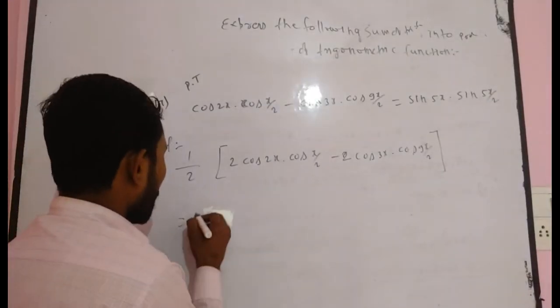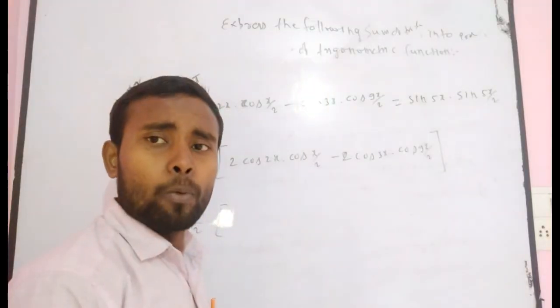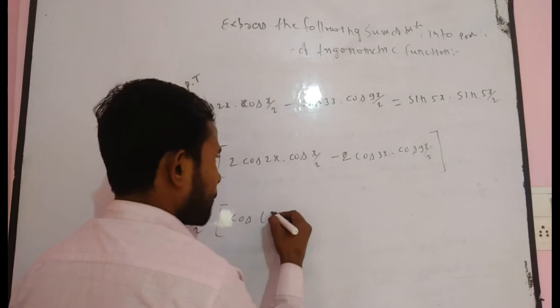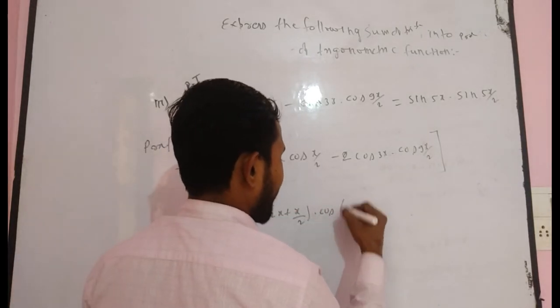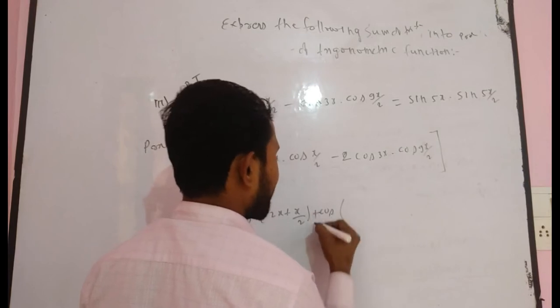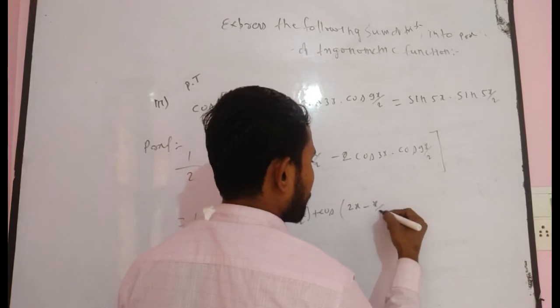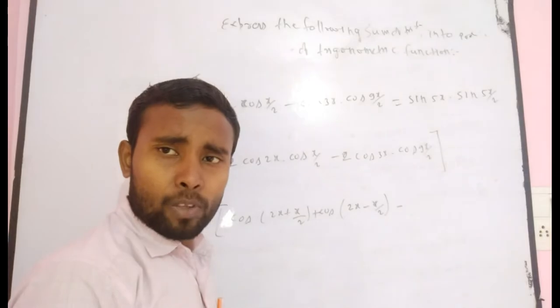Then it will be 1 by 2. 2 cos a into cos b will be what? Cos a plus b plus cos a minus b. Similarly here, 2 cos a into cos b will be what?